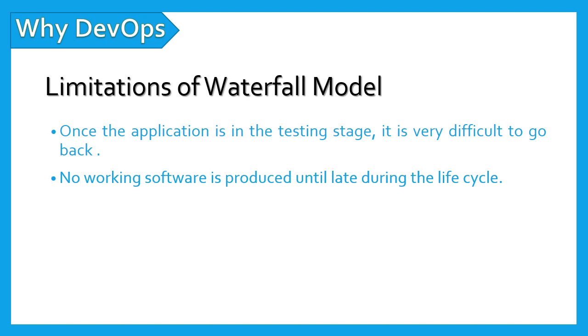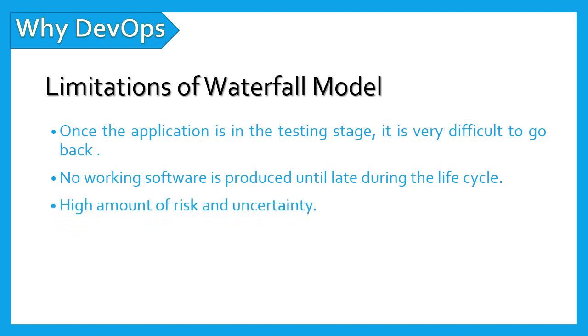You have to go through the entire process of the waterfall model that we just saw in order to produce working software again. So that used to take a lot of time.